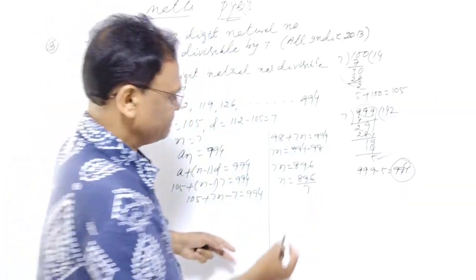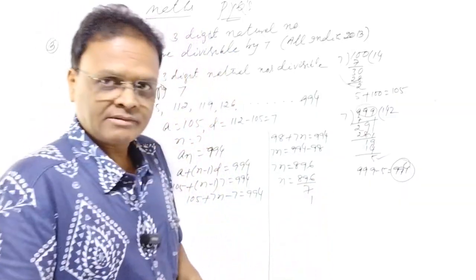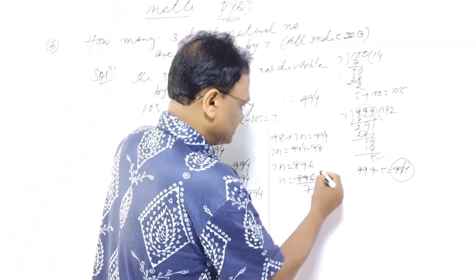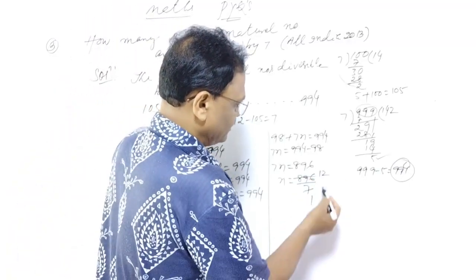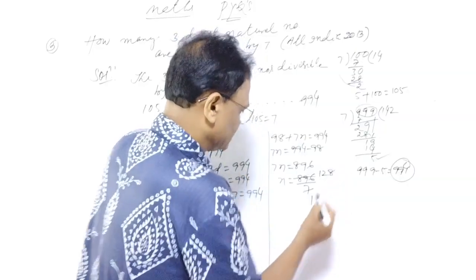Now divide, what are you getting? 7 1 is 7, 7 2 is 14, 7 8 is 56.